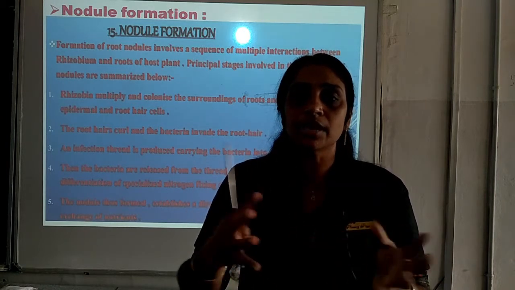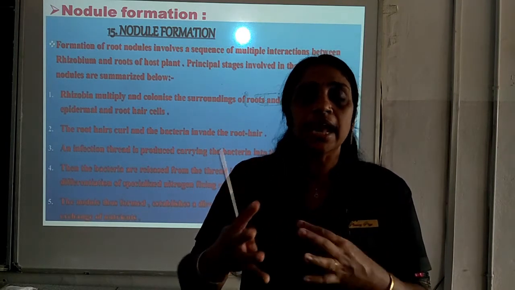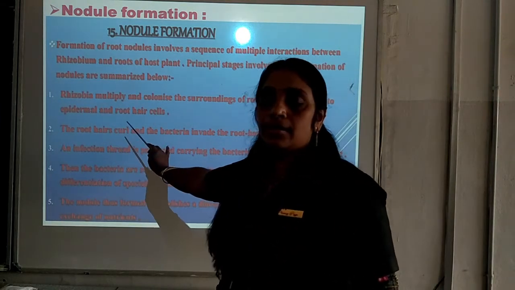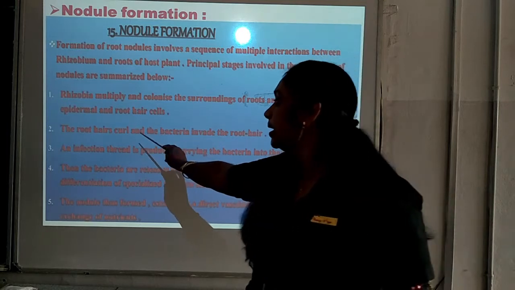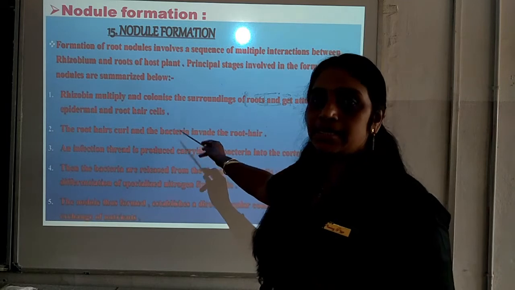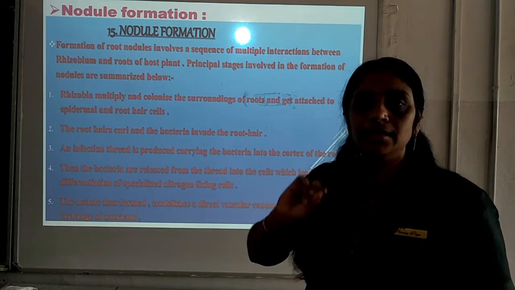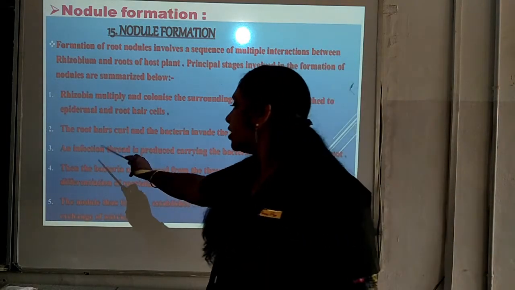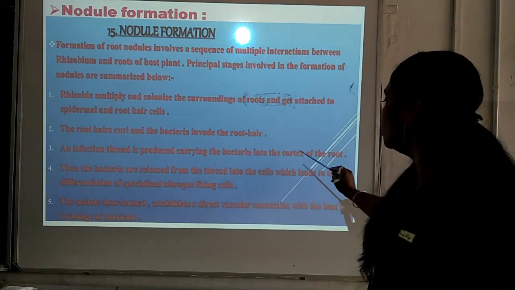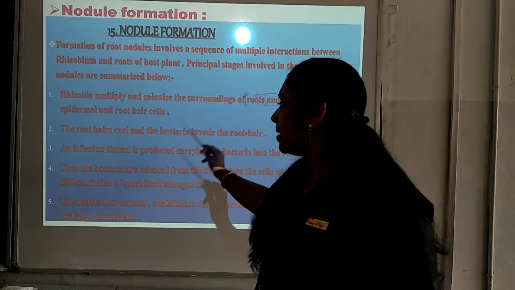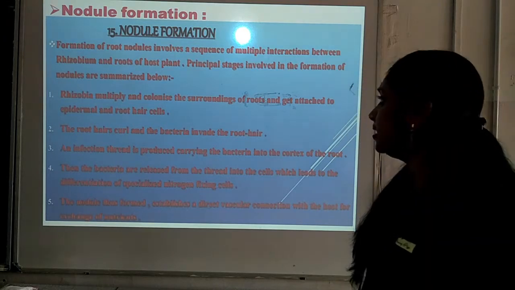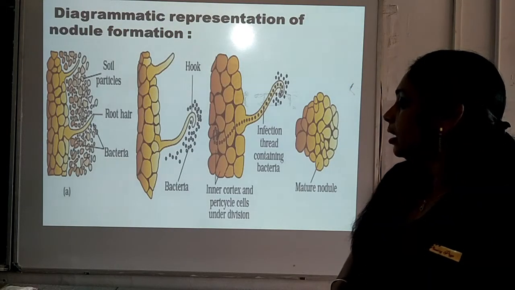The chemicals produced from both sides interact, and because of that the root hair gets curled, and the bacteria get inside the root. An infection thread is produced carrying the bacteria into the cortex of the root, making the bacteria get inside the cortex of the root.